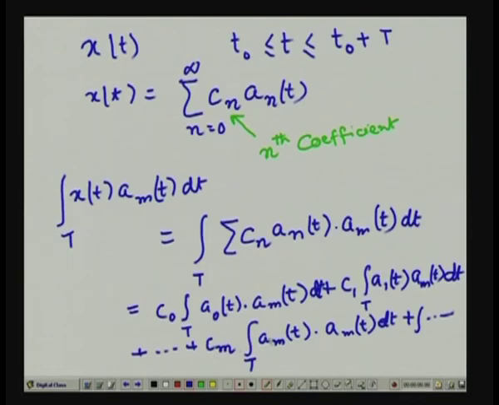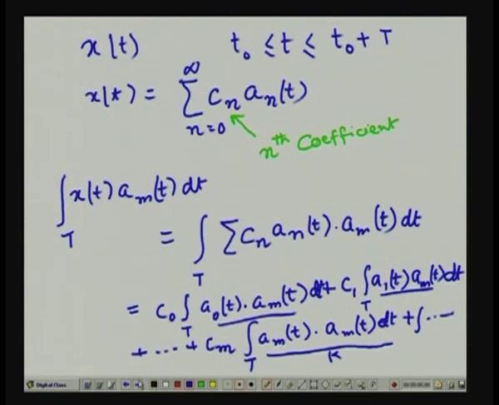So, by using that formula of orthogonality, the integral of x(t) into a_m(t) dt over capital T will be simply equal to the constant k times C_m, because all the other terms on the right hand side will be equal to 0. Only for the term a_m(t) into a_m(t) dt will the value be equal to k.